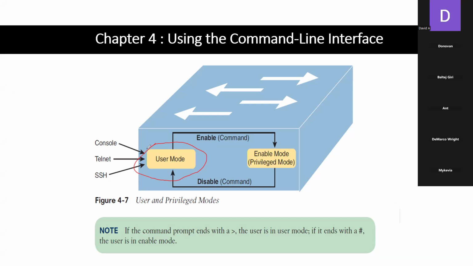Okay. All right. The next mode that we have, right, is called privilege mode. Some people call it enable mode, right? Because the term enable is used, right? But enable mode is used to start putting in a little bit more commands that have a little bit more quote unquote power, right?